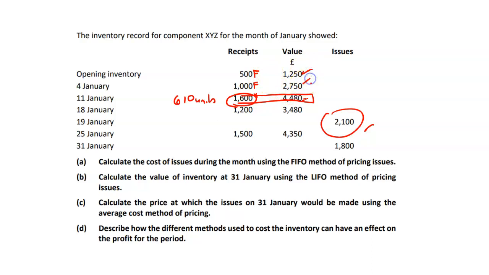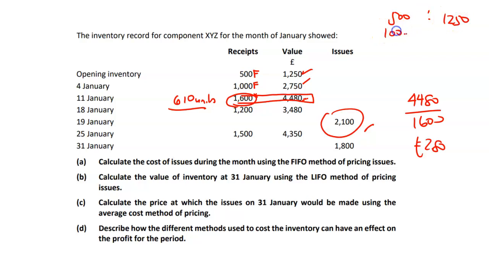I'm going to take all of these as whole, so I really need to be asking myself, what is 4480 divided by 1,600, which is £2.80, right? So at £2.80, I can value these 610 units. So I will say 500 at a total cost of 1,250.